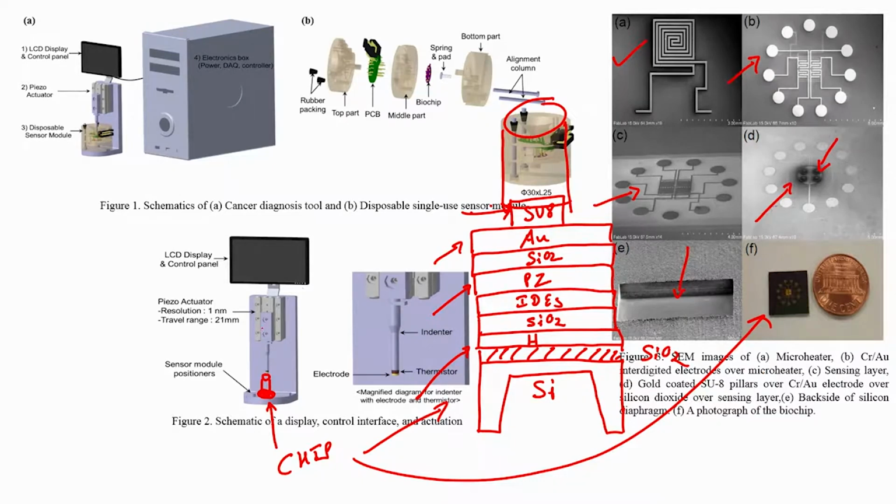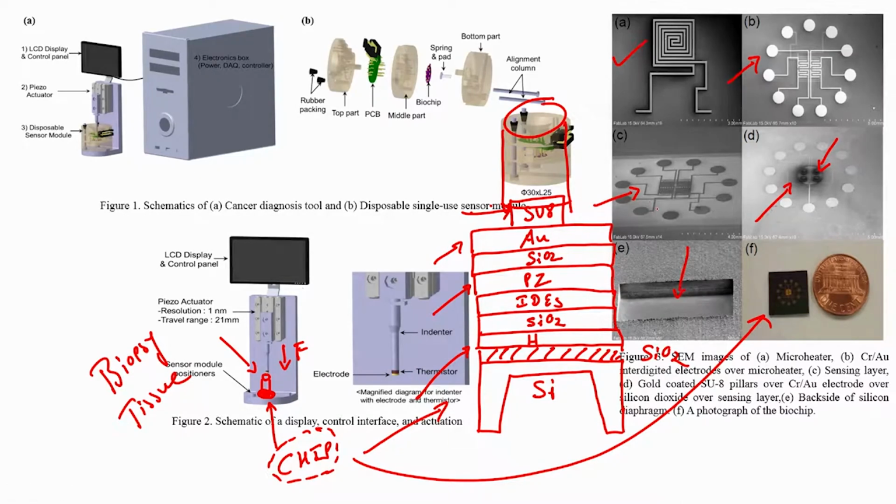Now, if I apply a force through my indenter, this is my indenter. If I apply a force through the indenter, what will happen? If I apply a force on this tissue, this is my biopsy tissue, then my piezoresistor on the chip will show a change in resistance.